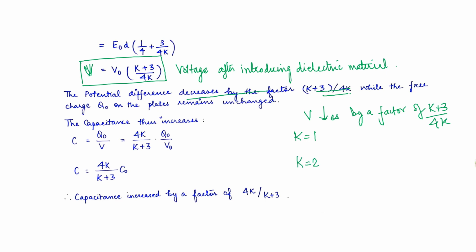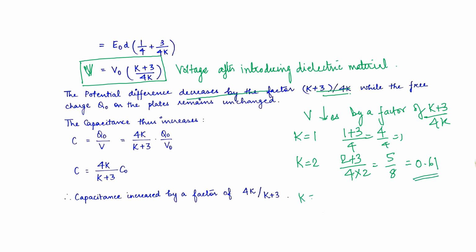If the dielectric constant has a value of 1, this factor becomes 1 plus 3 upon 4, that is 4 by 4, and that is 1. So it will remain the same. Now the dielectric constant is 2. In that case, 2 plus 3 upon 4 into 2, that is 5 upon 8, which is around 0.6, smaller than 1.